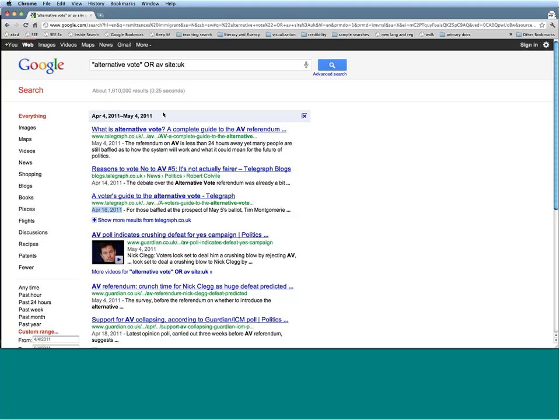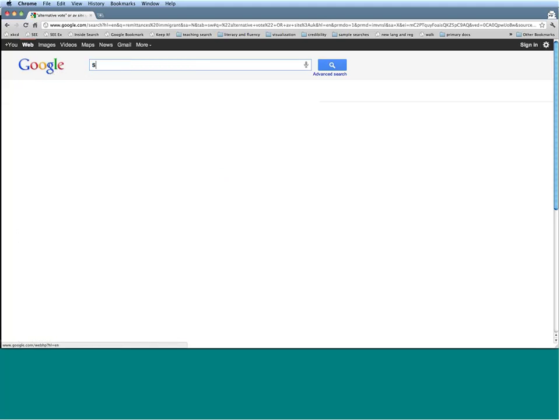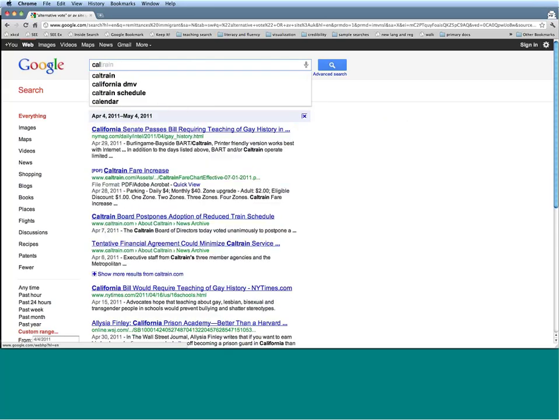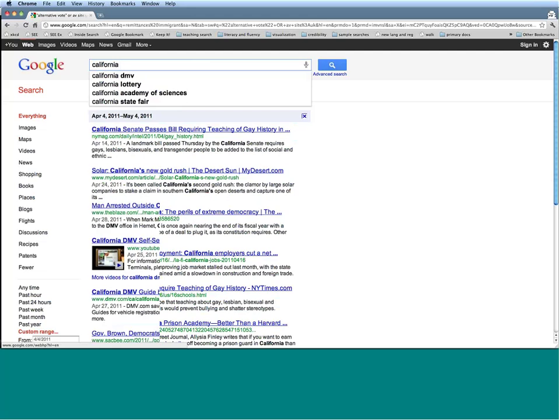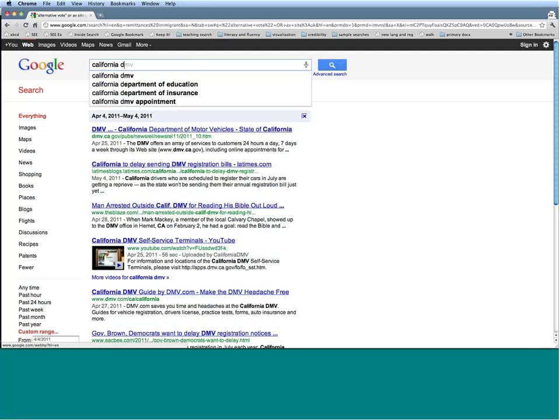Also, you'll notice this blue stripe across the top, which is telling me that I've applied a filter. Let's say I went into a different search, like California, well, we'll use DMV, just because it popped up.